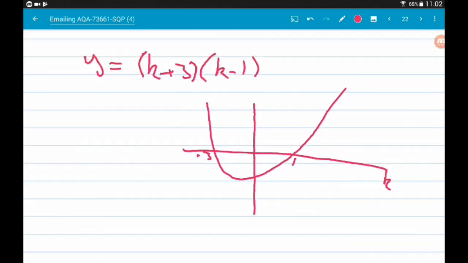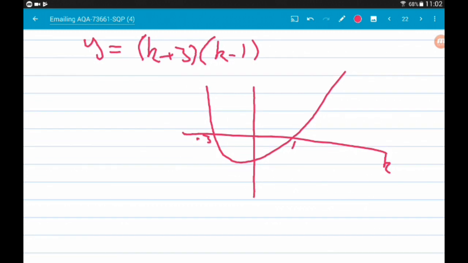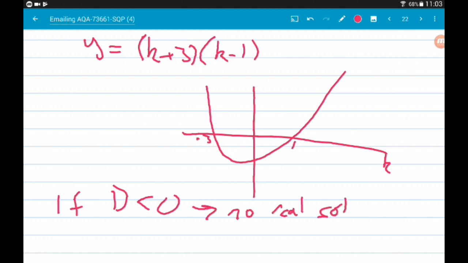Now, let's think about when there would be no solutions. So, if the discriminant is less than 0, then there are no real solutions.